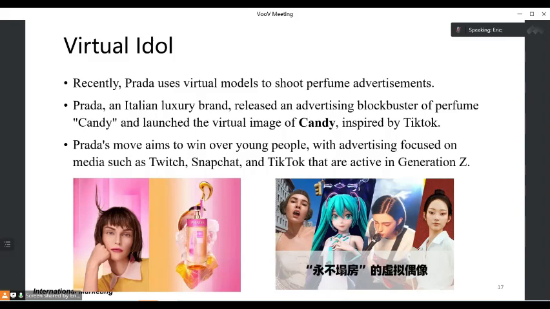If you search TikTok or Douyin, you will find some. It is a trend. Maybe in the future, this virtual domain will have more and more market value.